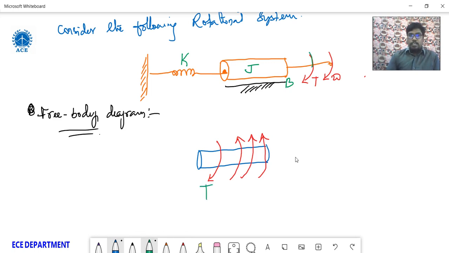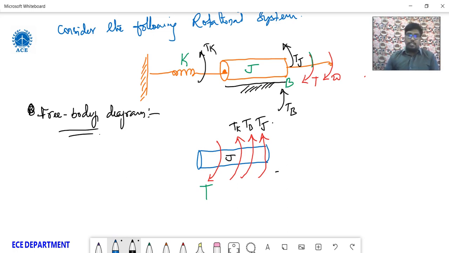The opposing torques are TK from the spring, TB from the dashpot, and TJ from the inertia element. These all are the opposing torques. This is the free body diagram.